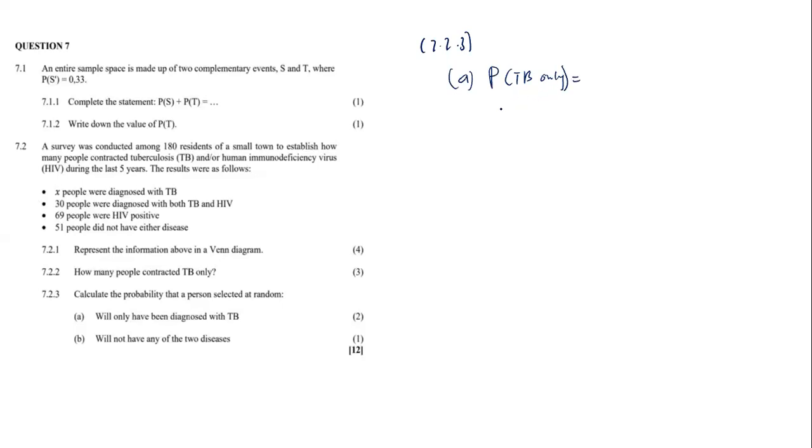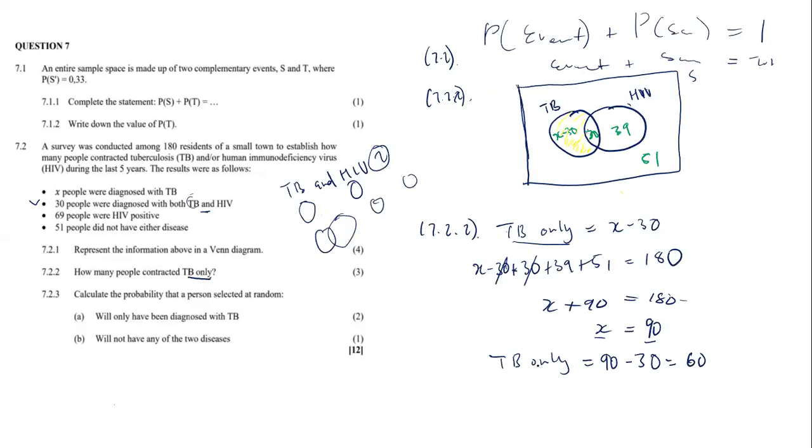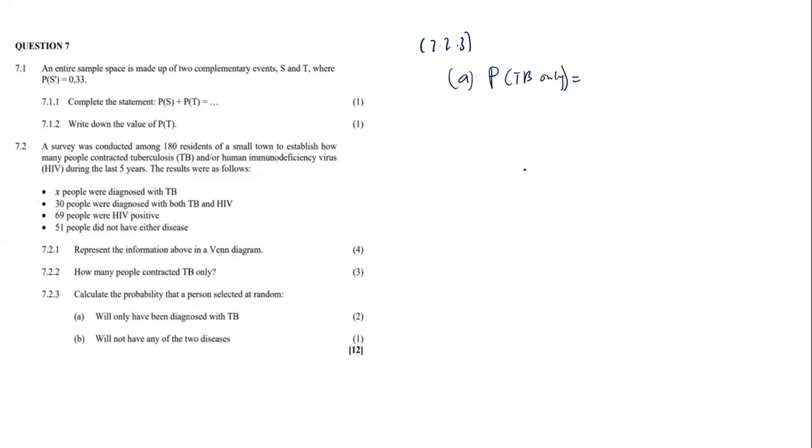Our favorable event, TB only, we said is 60. So we say 60 divided by the total number of residents, which is 180. 60 divided by 180, we get 1/3, which corresponds decimally to 0.33. These are the chances of us picking someone infected by tuberculosis.